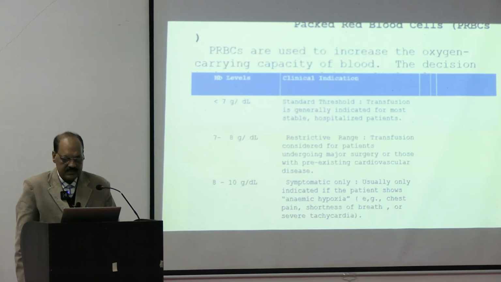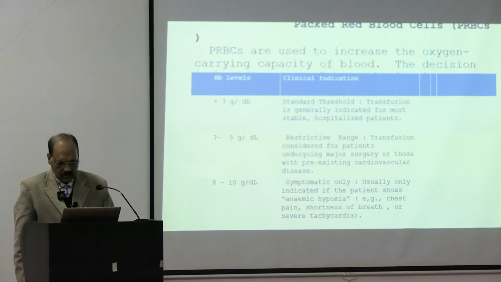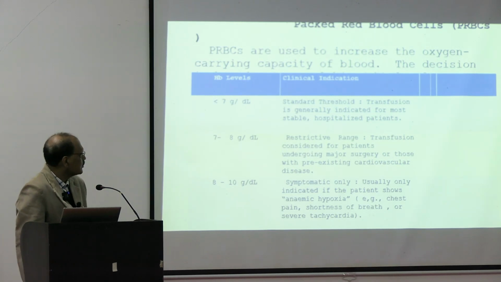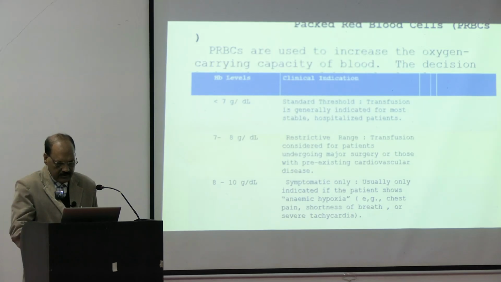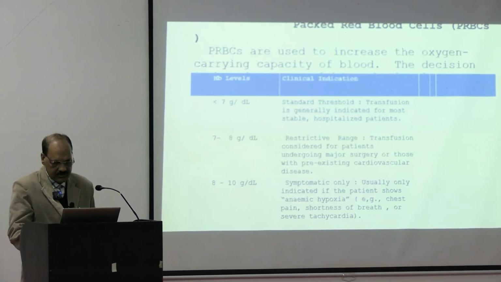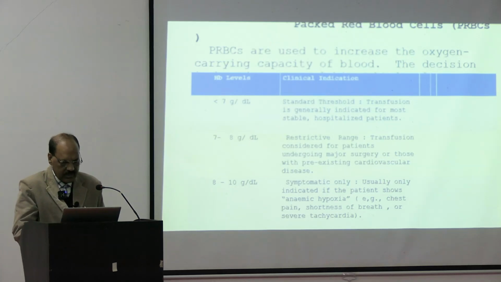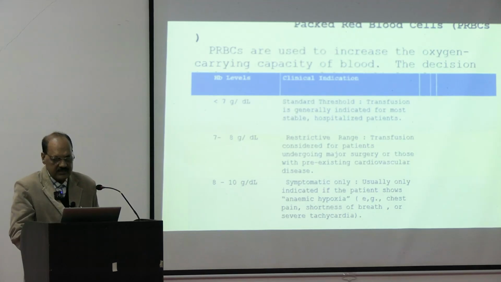If it is less than 7 gram, we call it the standard threshold. Transfusion is generally indicated for most stable hospitalized patients. Then when the hemoglobin level is 7 to 8 gram per deciliter, we call it a restrictive range.